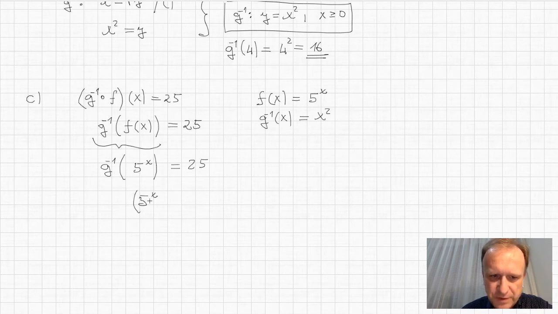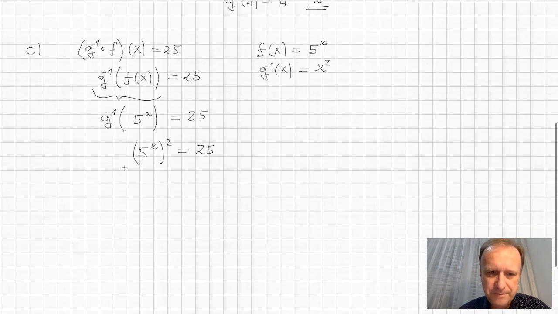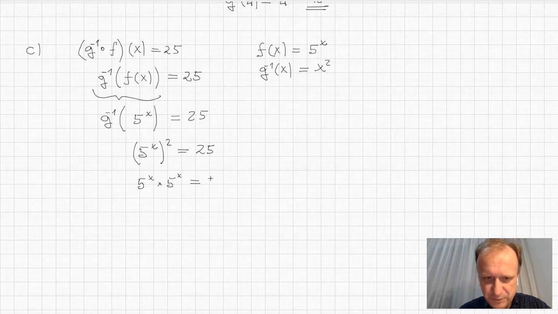So this should be squared, and this should be equal to 25. Okay, so this is the equation to solve. If we understand what 5 to the power of x, squared, means, we can do it easily. It actually means 5 to the power of x times 5 to the power of x, and this has to be equal to 25.